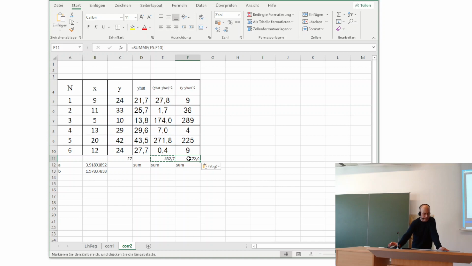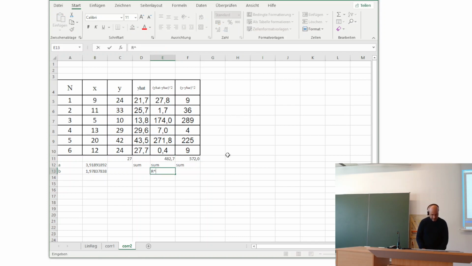So this is the total variance, and here we have the dispersion relative to our linear line, and this means that this is our explained variance, and then we have r squared equals 482.7 over 572 is 0.84.